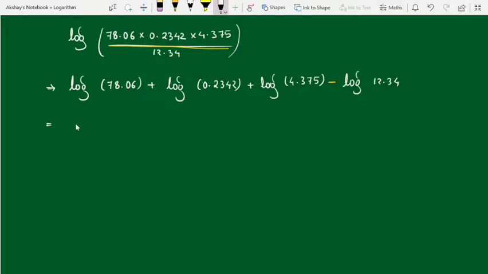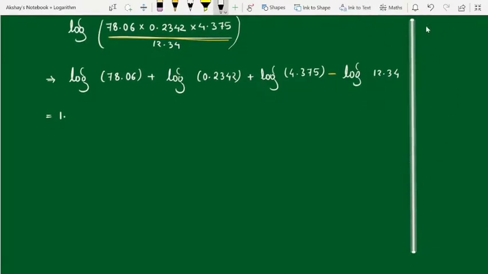Okay. So next. So log of 78.06. Characteristic. Can you just tell me what is the characteristic? Decimal is there and the number is greater than 1. Two digits we have, 2 minus 1, 1. So 1 point. 78 under 0 under 6. We'll take one separate part, for our convenience. So 78 under 0. What is the value you have just checked?